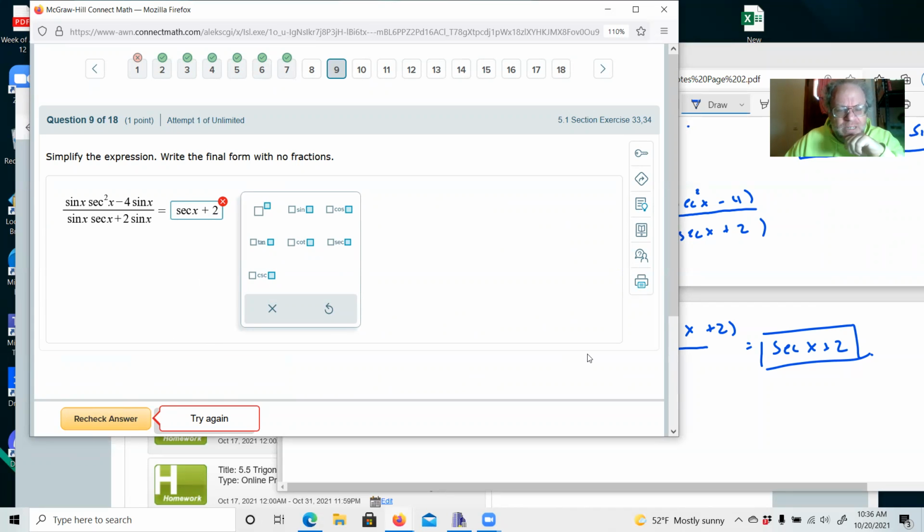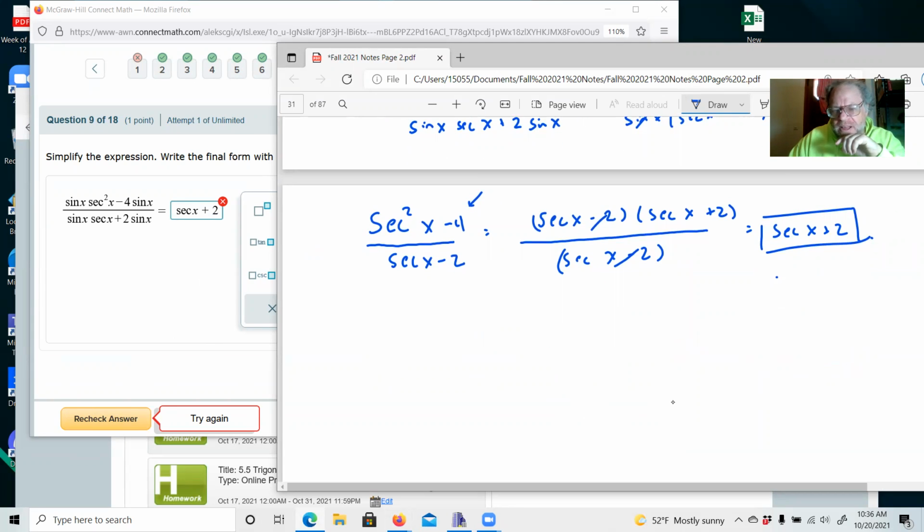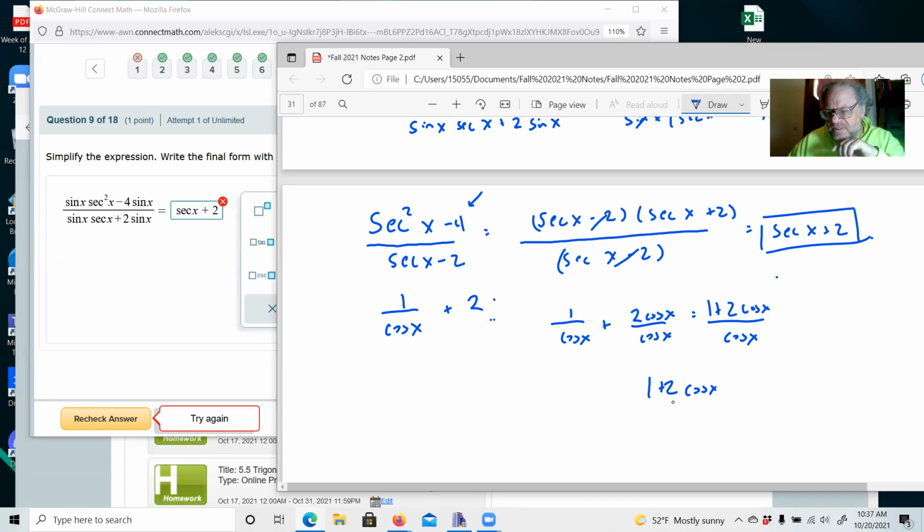No final form with no fractions. That's going to make it a fraction. My next thought would be secant is 1 over cosine plus 2. But I really don't want to do that, because the only thing I could really do is say something like 1 over cosine x plus 2 cosine x, which is 1 plus 2 cosine x, all over cosine x, and then say 1 plus 2 cosine x.